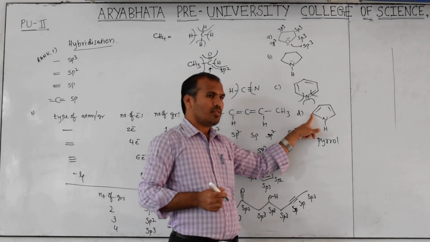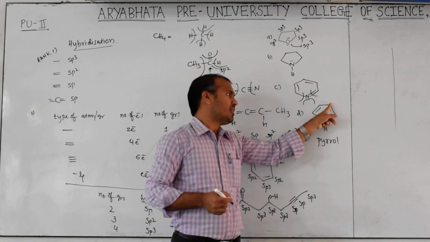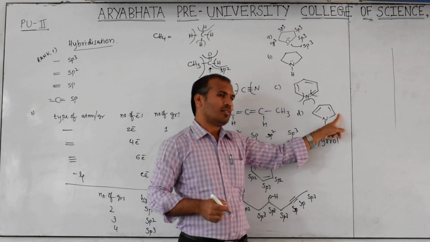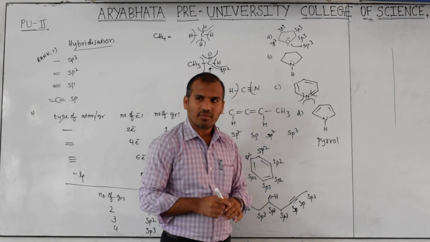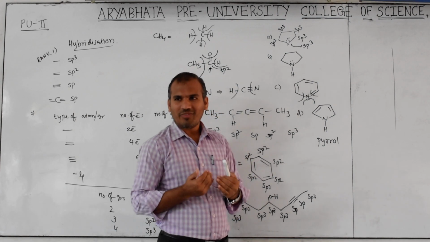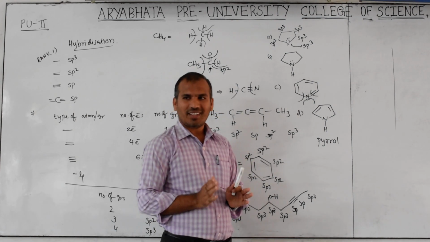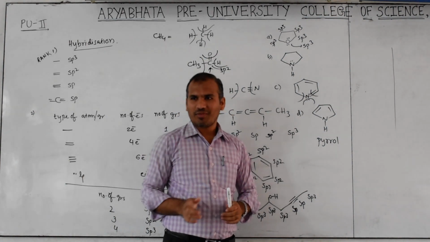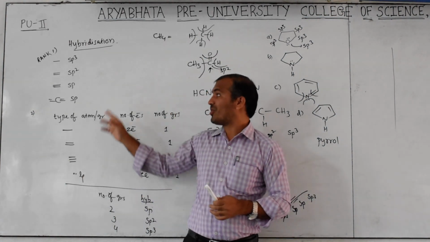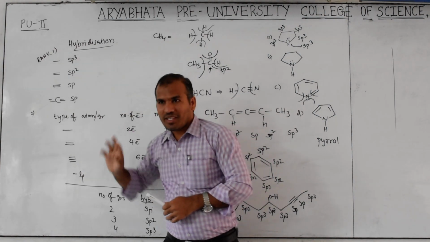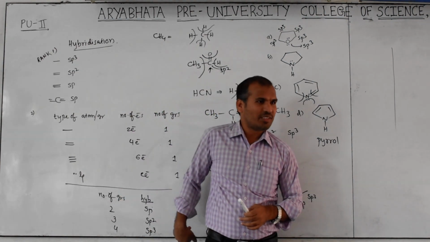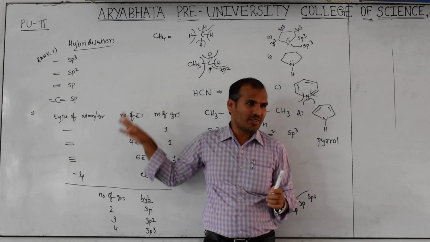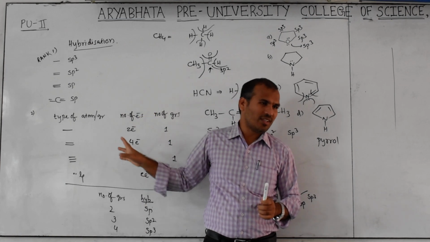Generally you will feel like this, but this is not sp3. Then you may ask, sir, you only told that a single bond is sp3. Otherwise, if you follow the rule, you will get sp3 according to this set of rules.